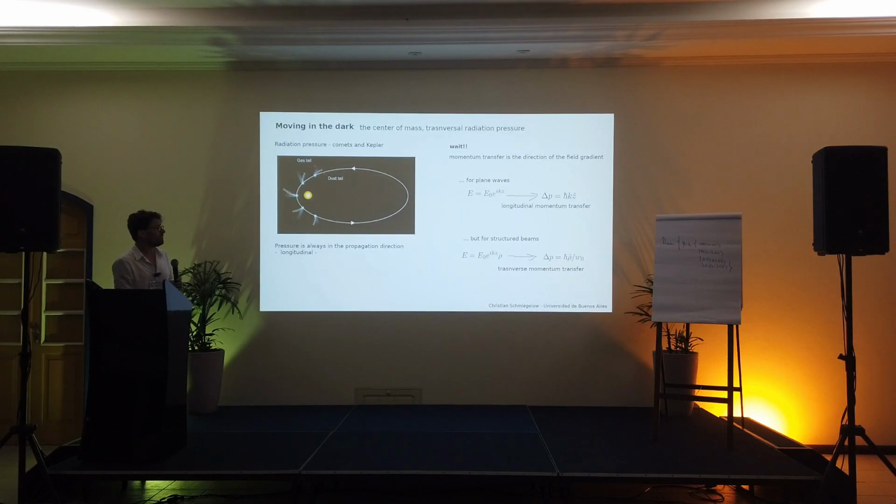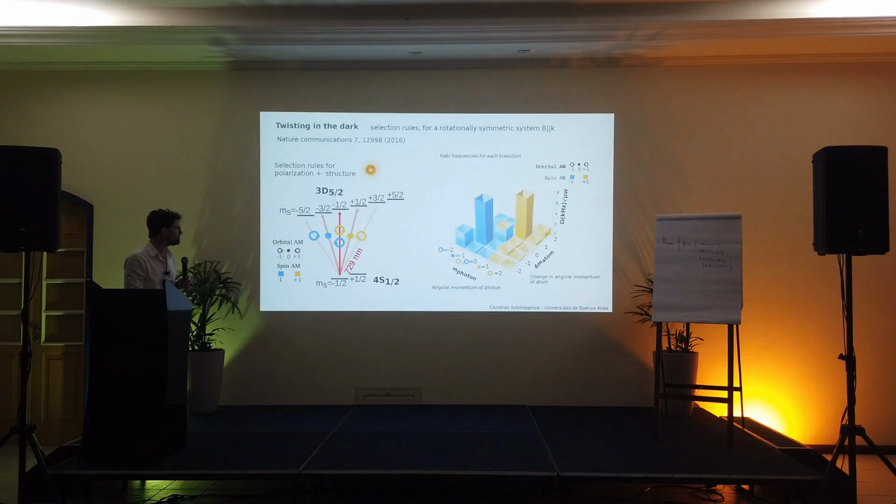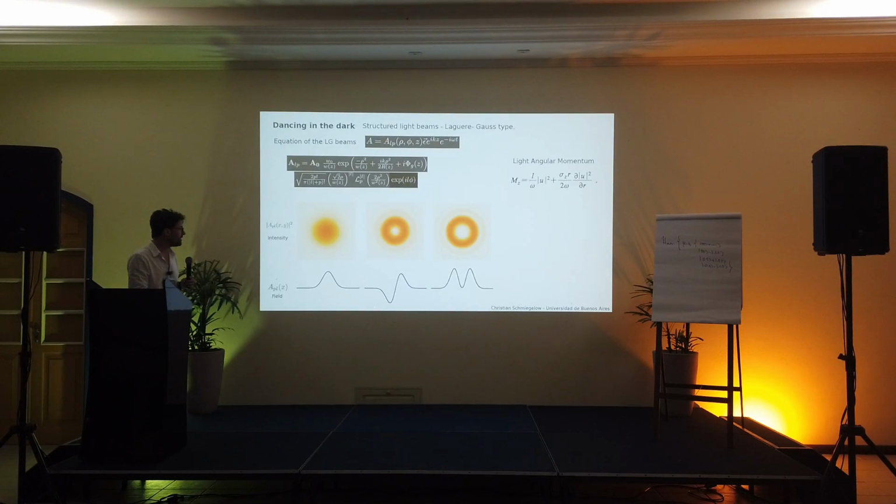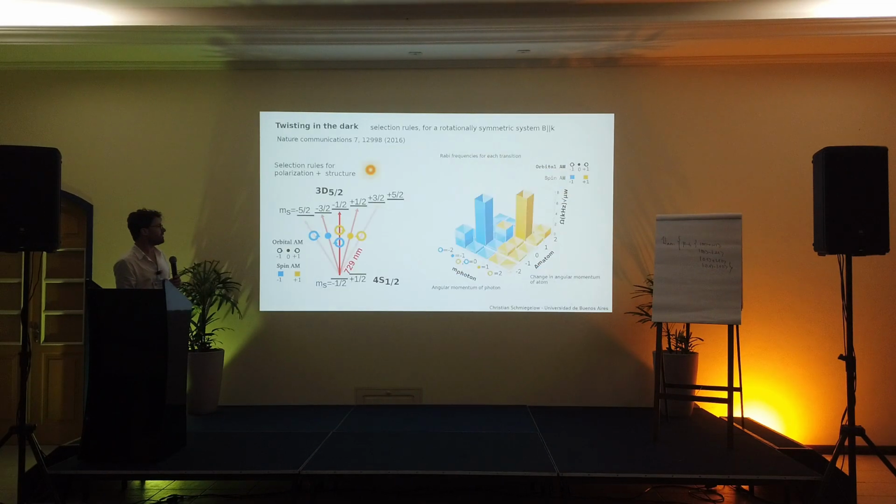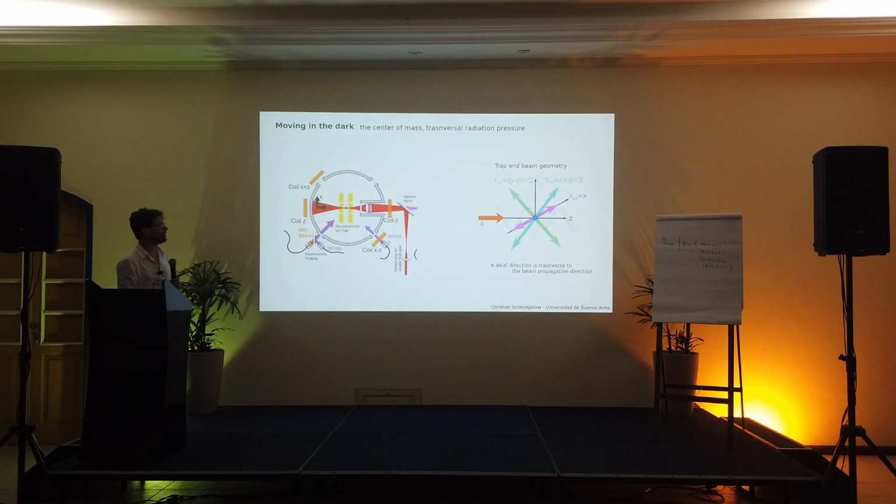So we would expect to have a delta P because of this transverse gradient. So we have these beams that have this transverse gradient, and we expect to see some sideways kick. I'll try to show you how we see such a transverse kick.